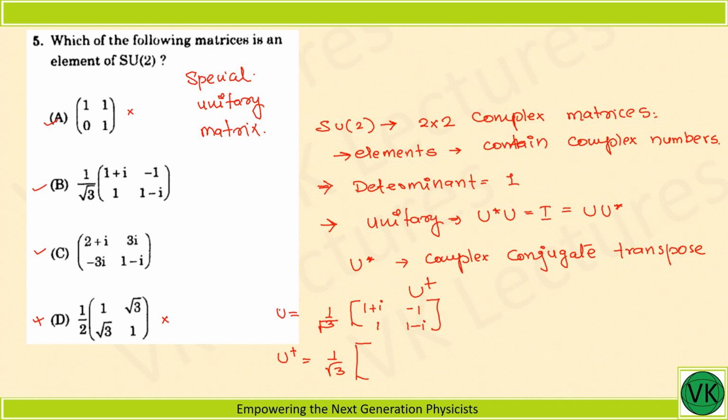The diagonal elements become their conjugates, so 1 plus i becomes 1 minus i and 1 minus i becomes 1 plus i, and the off diagonal elements, 1 and minus 1, get reversed: minus 1 here becomes plus 1 and plus 1 becomes minus 1.